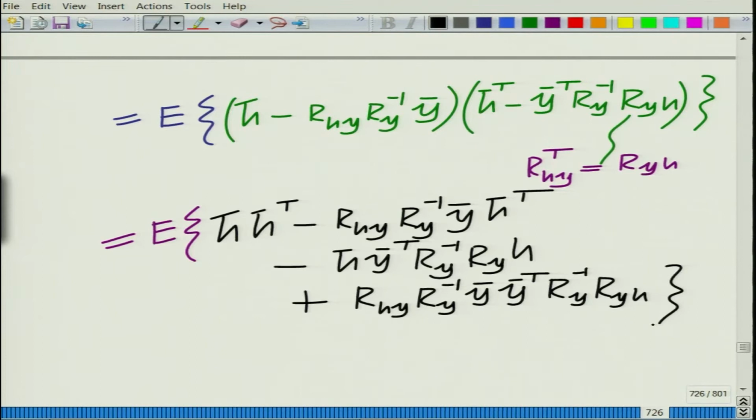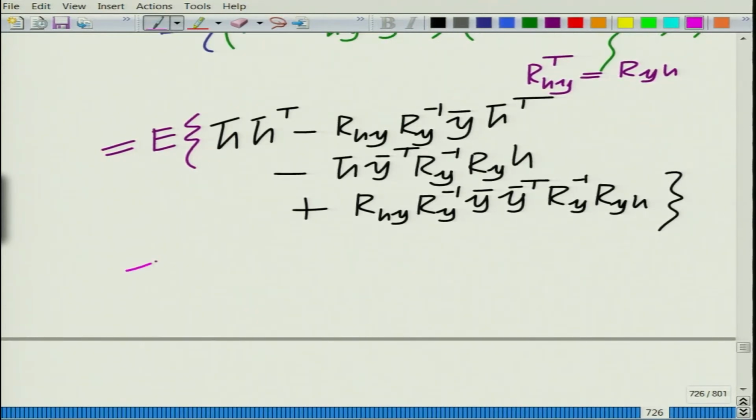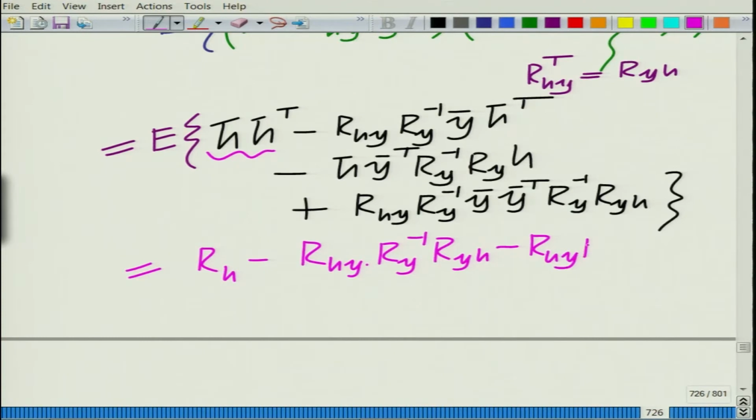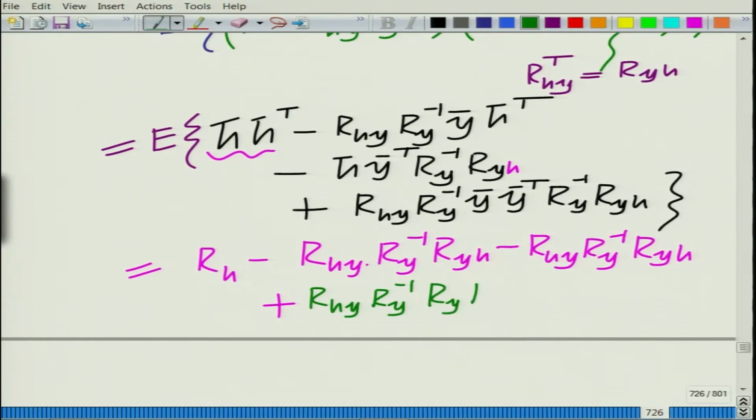R_yh. Okay. And this is equal to, take the expected value of h bar transpose, this is R_h minus R_hy into R_y inverse into expected value of y bar h bar transpose, this is R_yh, minus expected value of h bar y bar transpose, this is R_hy, into R_y inverse into R_yh, plus you have R_hy R_y inverse expected value of y bar y bar transpose, this is R_y, into R_y inverse into R_yh.